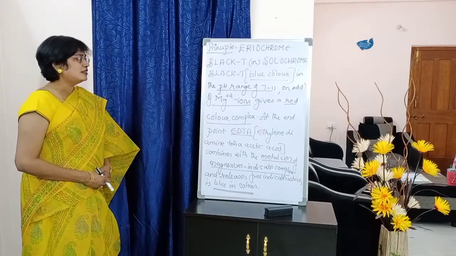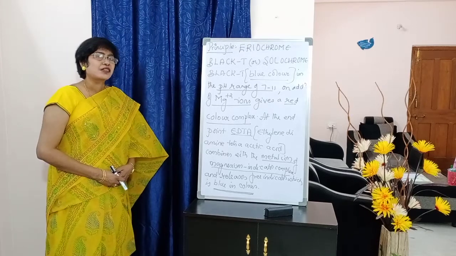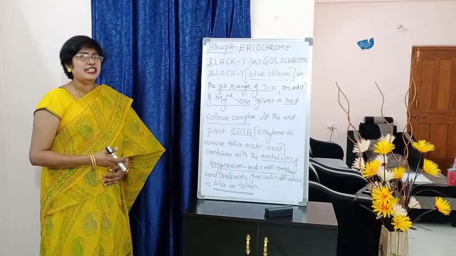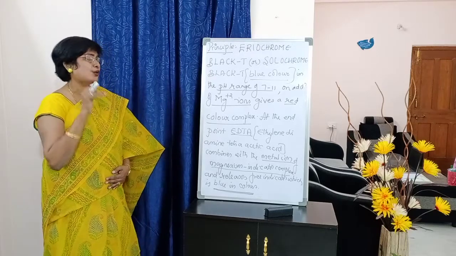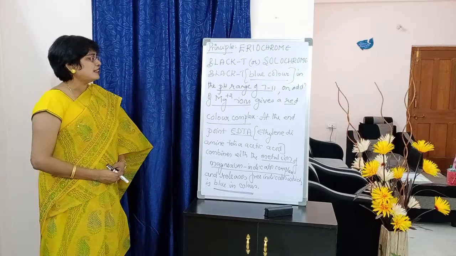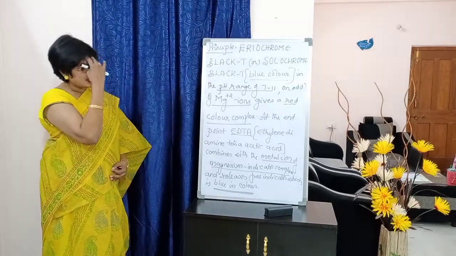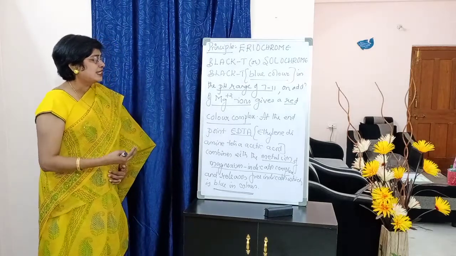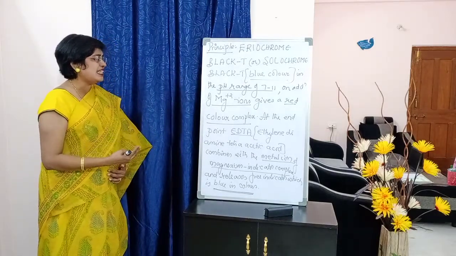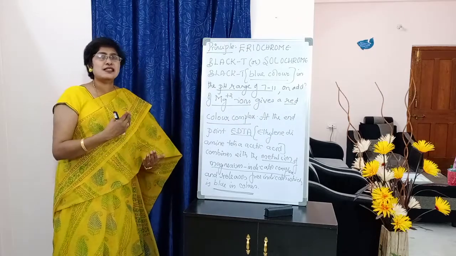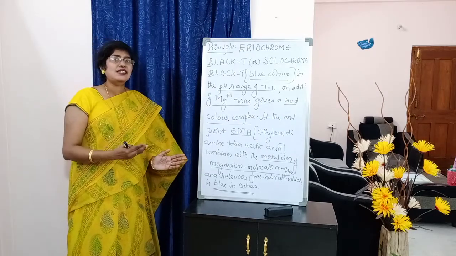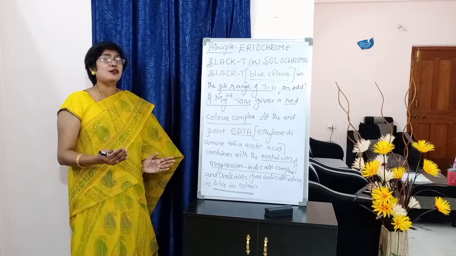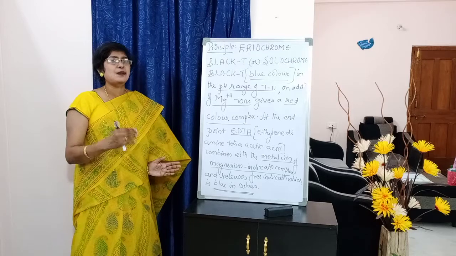Ethylene diamine tetraacetic acid. I am going to tell you about this EDTA and also its structure I will give you, students. Don't worry. Ethylene diamine tetraacetic acid, close the brackets. At the end point EDTA combines with the metal ion of magnesium indicator complex. First step, what happened? EBT indicator reacted with the Mg+2 ions resulting in the formation of a complex, that is magnesium indicator complex.